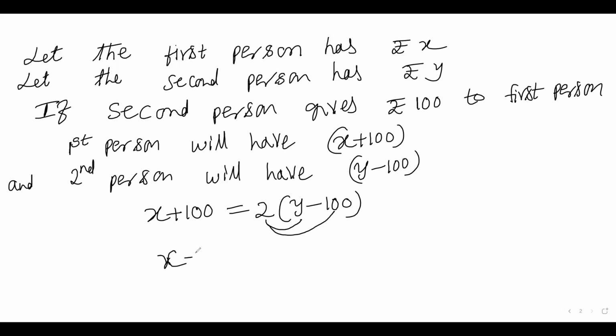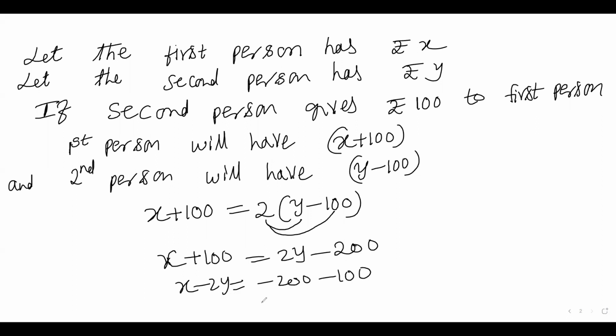So x plus 100 equals 2y minus 200. Transpose: x minus 2y is equal to minus 200 minus 100. Sometimes you will get x minus 2y is equal to minus 300. Sometimes you will get minus also. Please maintain minus. Okay, this is my first equation.